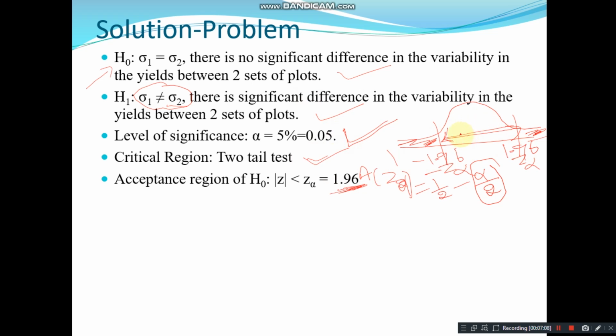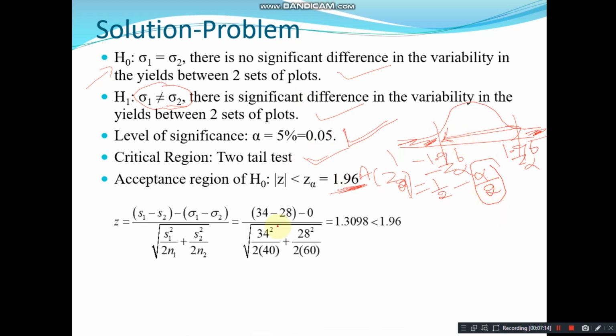Now for this problem, if you find the test statistic, the z value is S1 minus S2 minus sigma 1 minus sigma 2, divided by the root of S1 squared by 2n1 plus S2 squared by 2n2. Simply substitute the values from the data; no need to calculate separately, everything is given in the problem itself.